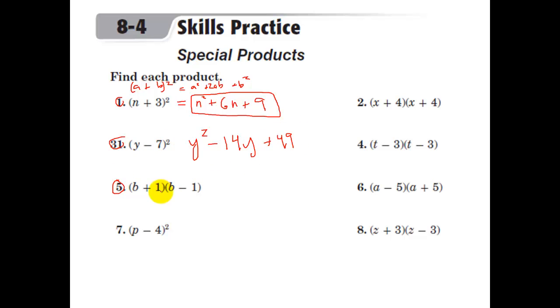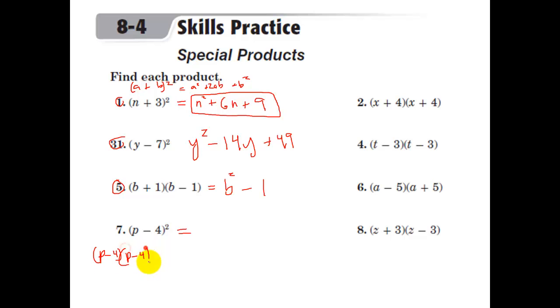Okay, how about here? This is a special product. It's a sum times a difference. So it's the first thing times the first thing, b squared, minus that times that, which is 1. The middle term, positive b here, and negative b here, perfectly cancels out. And here's a perfect square as well, a perfect square of a difference. Now, if you forgot, you could always write it out as p minus 4 multiplied by p minus 4.